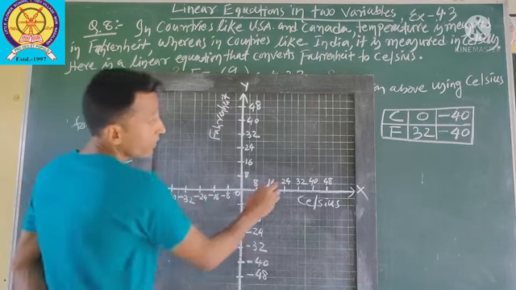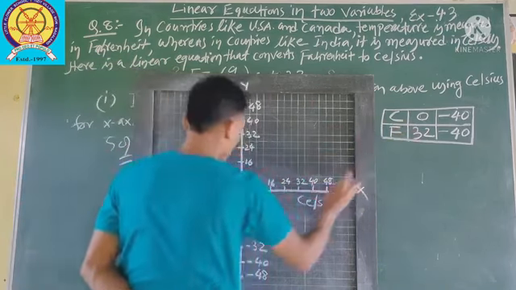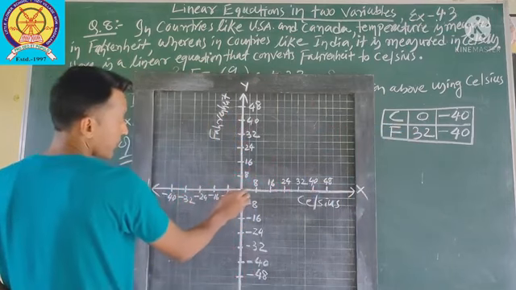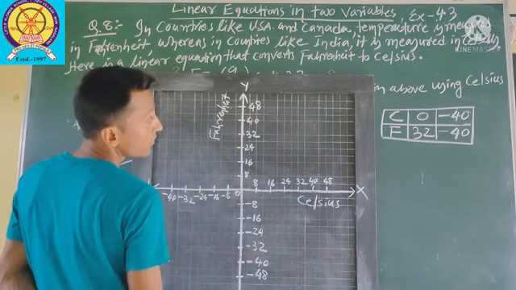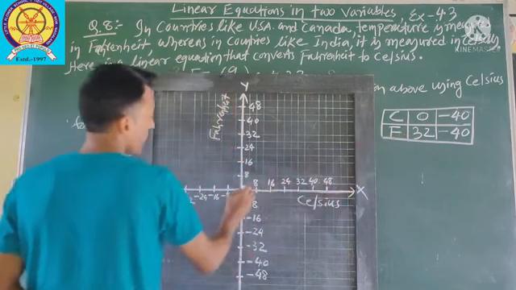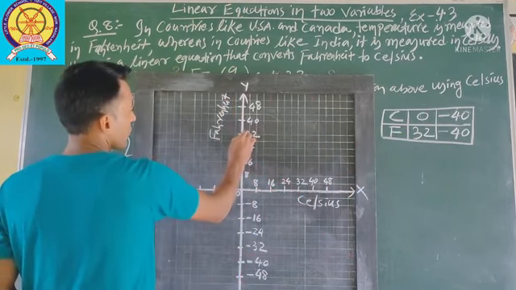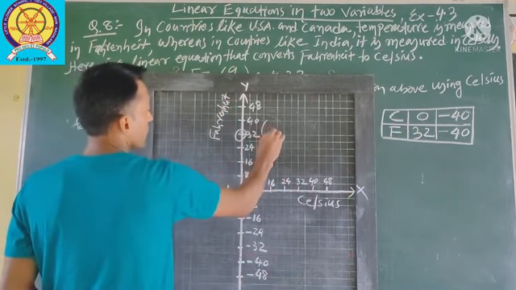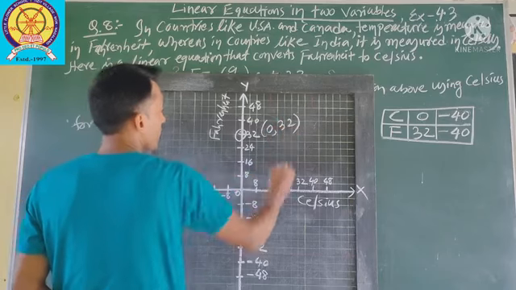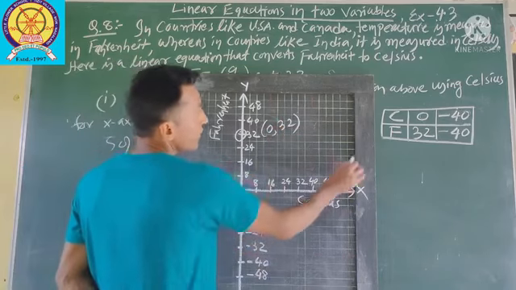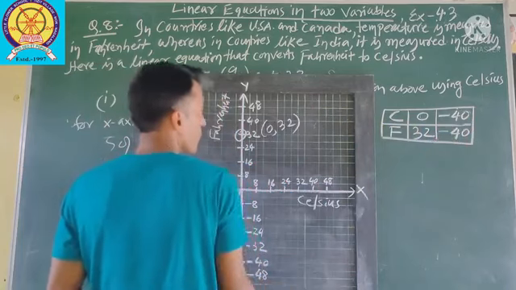So Celsius 0 is here, and Fahrenheit is 32. So this is your point, 0, 32.